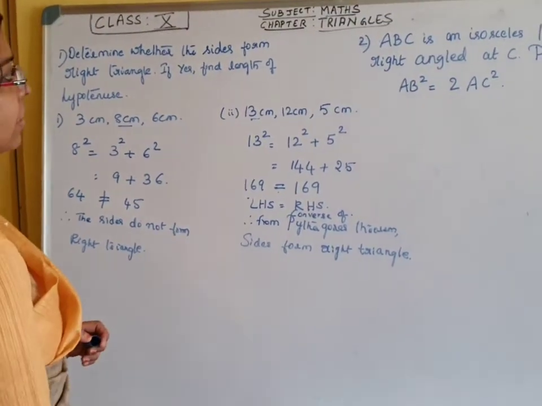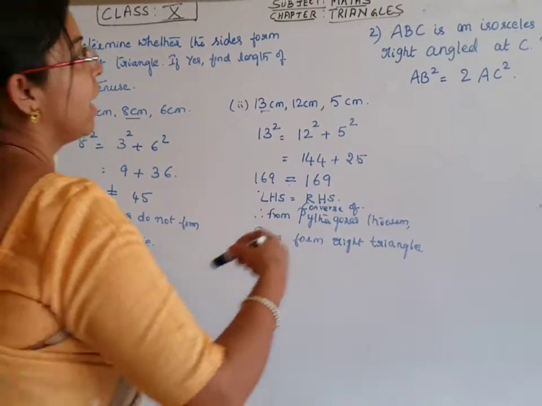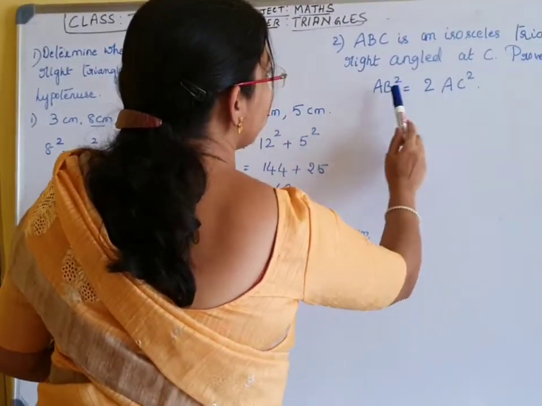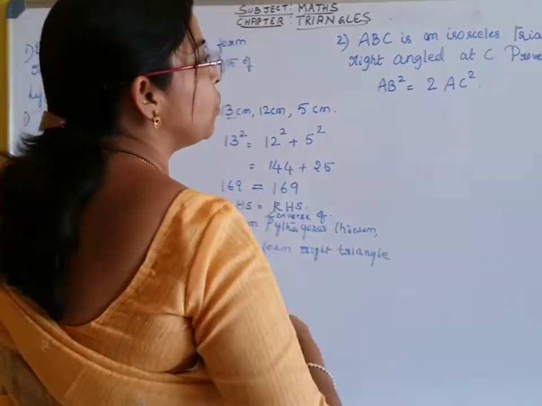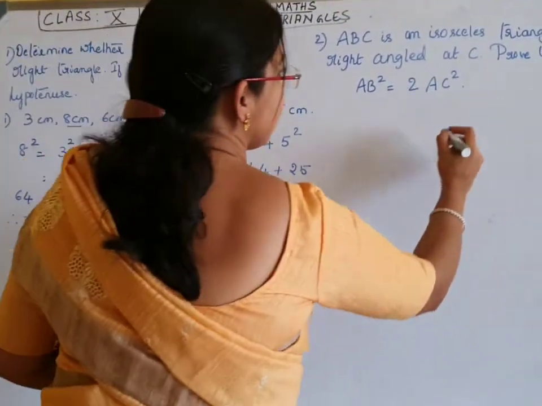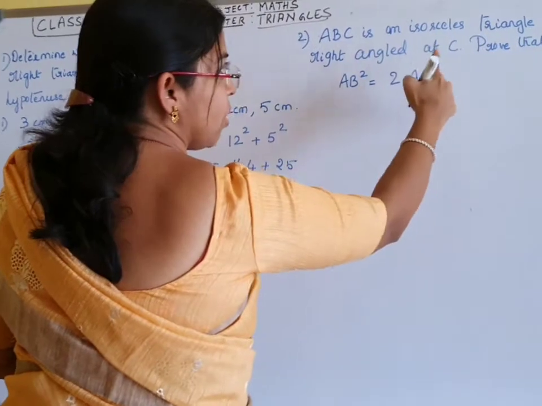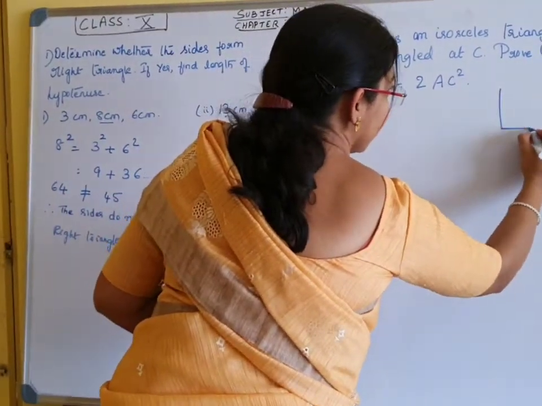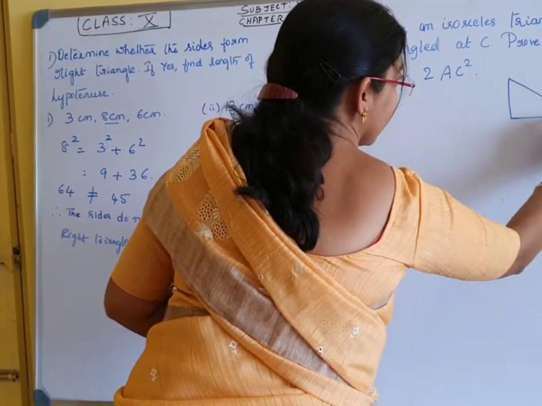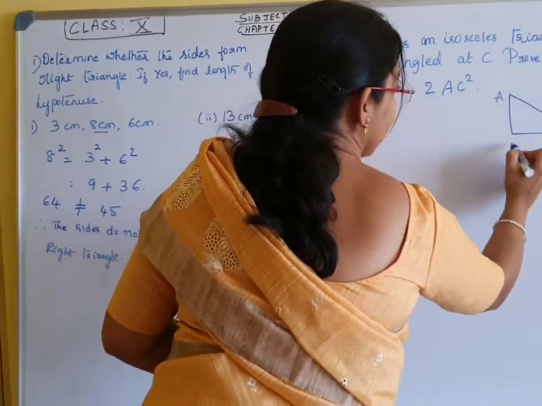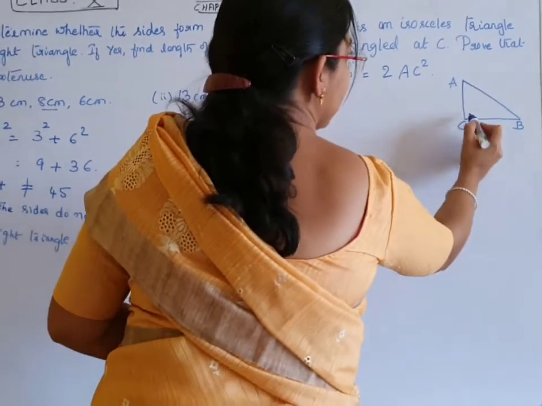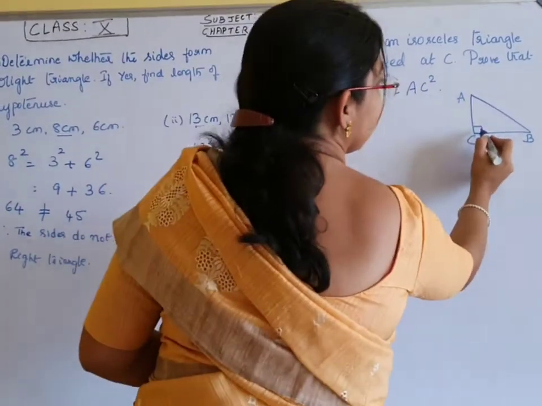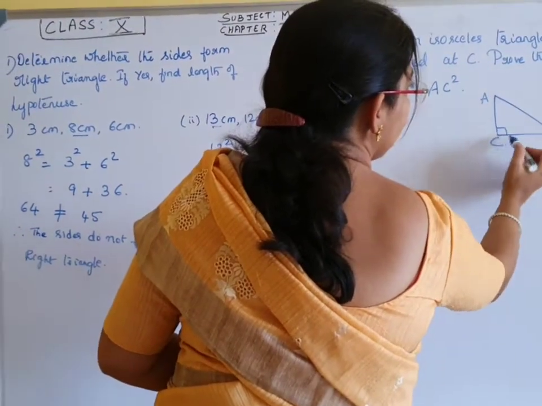Now we will go to the next one. ABC is an isosceles triangle, right angled at C. Prove that AB square is equal to 2AC square. Because we have taken C as the right angle, since they have given it as right angled at C, AC and BC will be the other two sides.